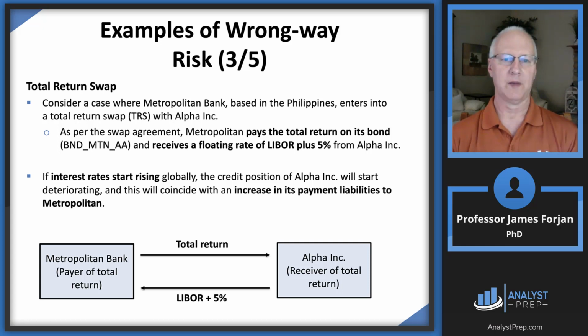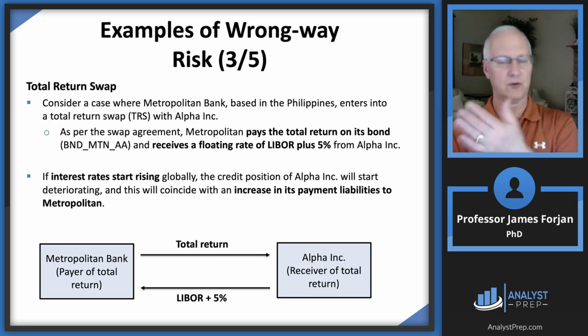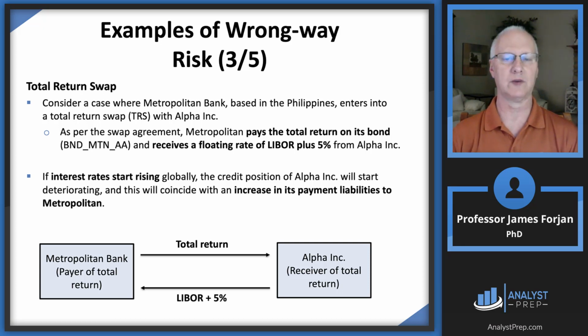And so you think about this. In this particular example, when we're receiving something that's tied to the fixed income market, like LIBOR plus 5%, if we start seeing a global rise in interest rates, then this is good news for us, because we're going to be receiving more than the total return on that index, because if interest rates start to rise, then equity indexes tend to fall, right?